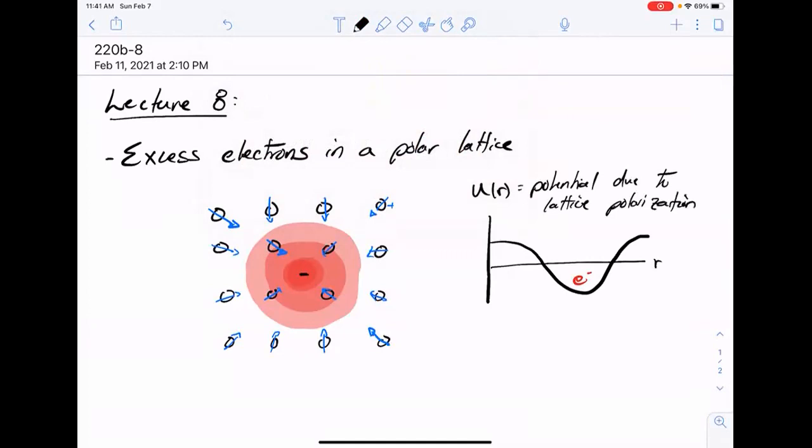Coming from a more chemistry background, this is really analogous to imagining putting an ion into a polar solution and seeing the dipoles of the solvent reorient in response to that ion. The electrostatics then would generate a favorable solvation-like energy for the electron in connection to the lattice.